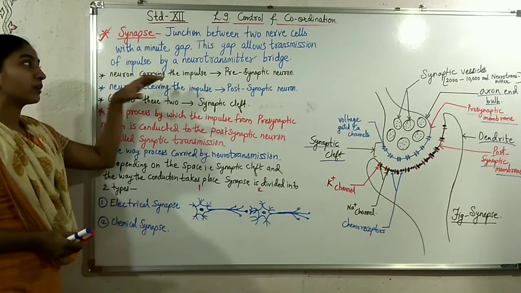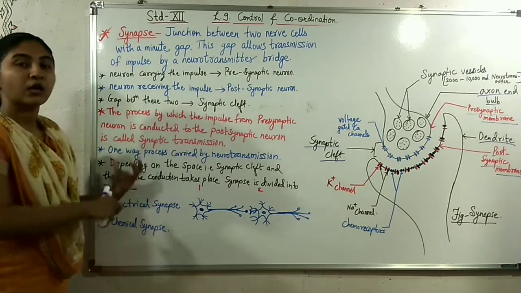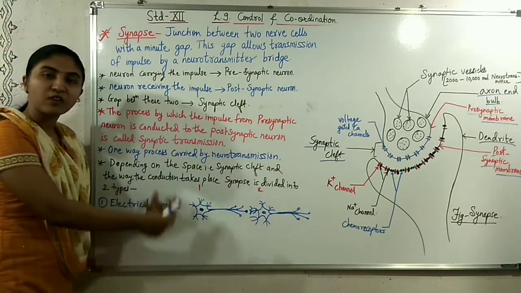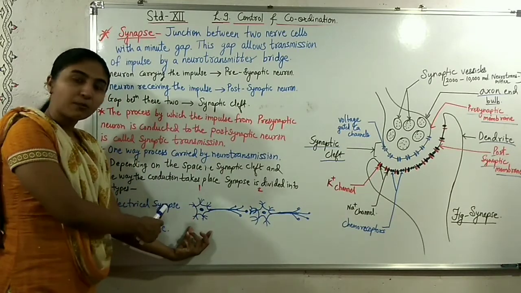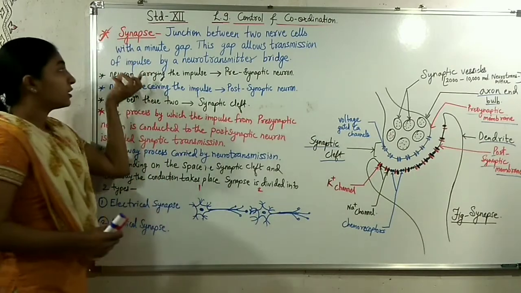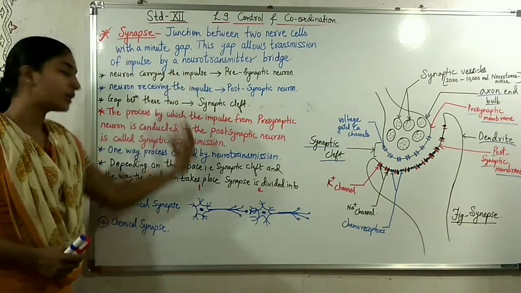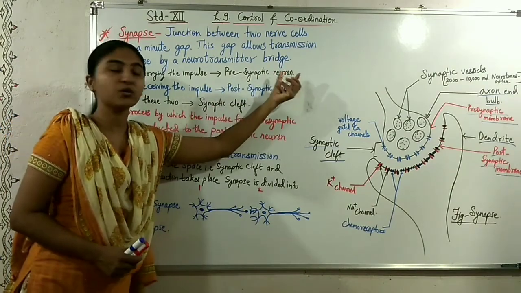Now the neuron carrying the impulse is called the presynaptic neuron. If the impulse is transferred from one neuron to another, suppose neuron number 1 is transmitting the impulse to neuron number 2. The neuron which is carrying the impulse, this first one, will be called the presynaptic neuron.